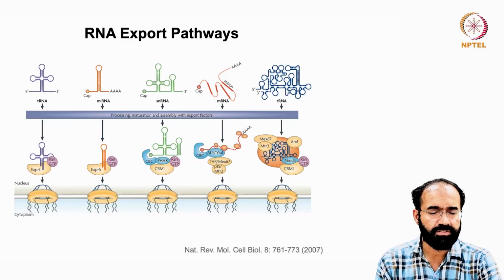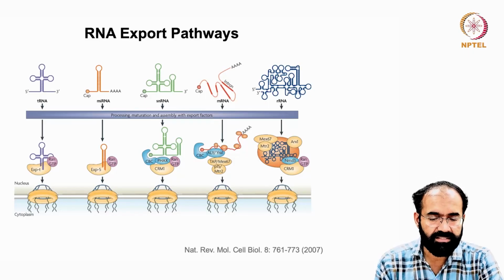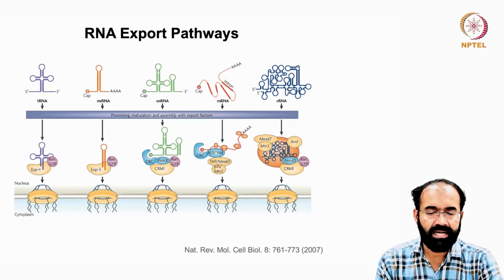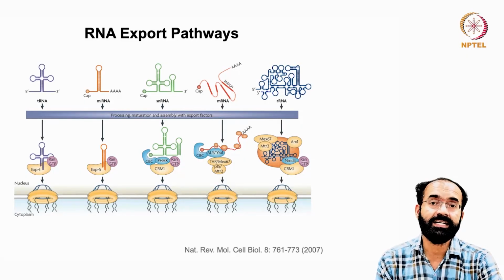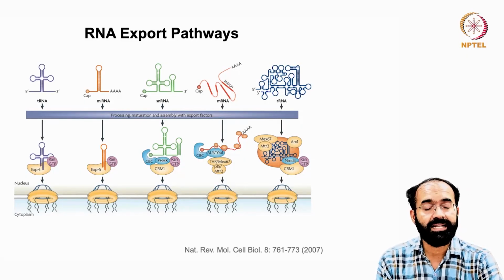You can also see the associated proteins, like here exportin T, here exportin 5, and here CRM1, and each of these molecules has a different set of associated proteins.